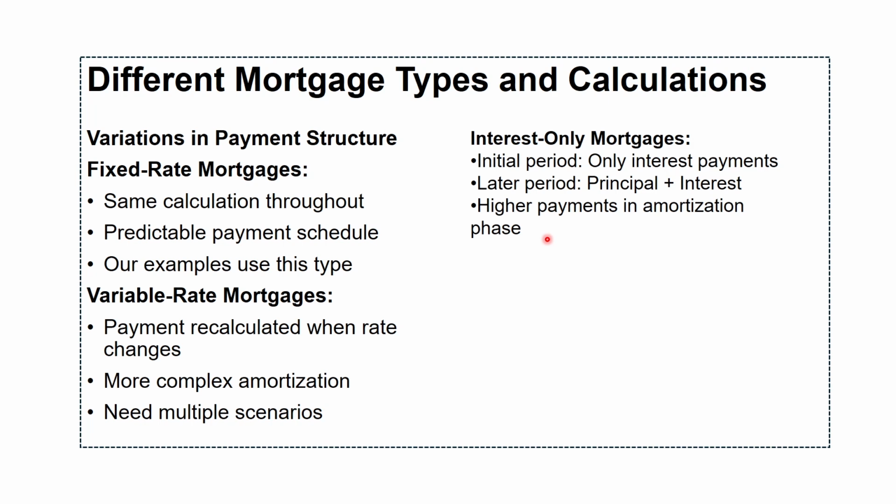These variations affect budgeting, and especially in India's rate environment, they can be very, very difficult to gauge, right. So, that is interest only mortgages, variable rate mortgages and fixed rate mortgages.